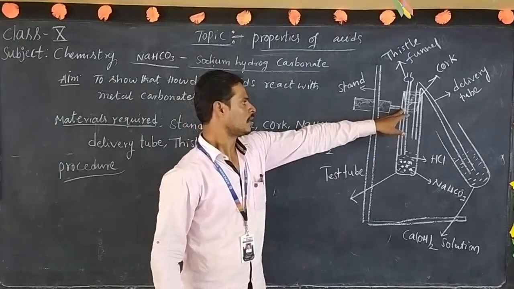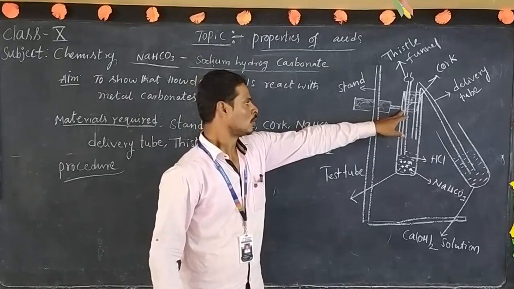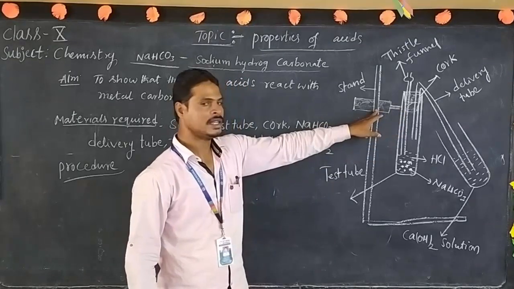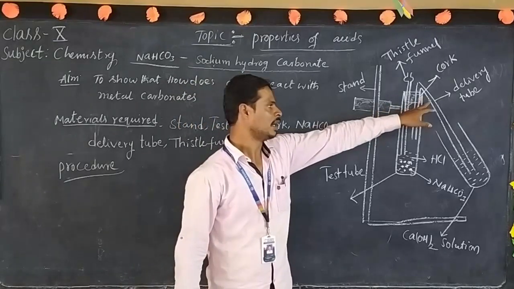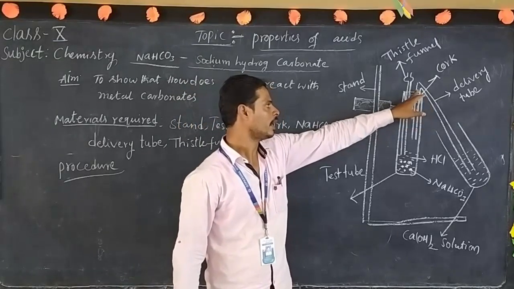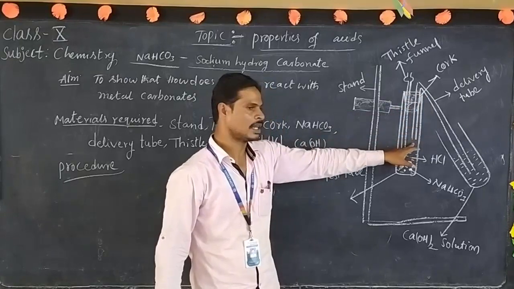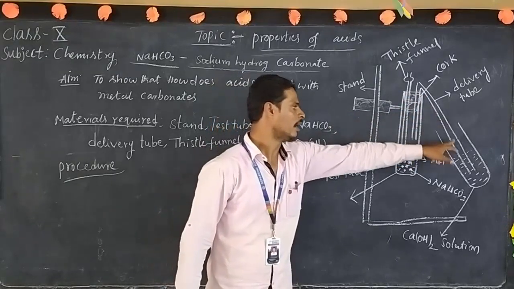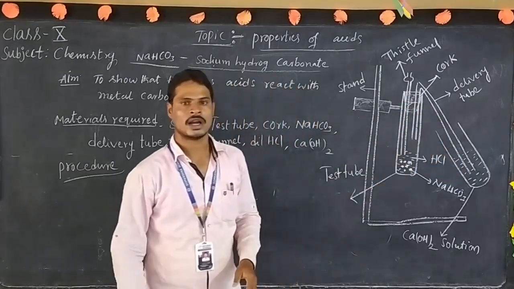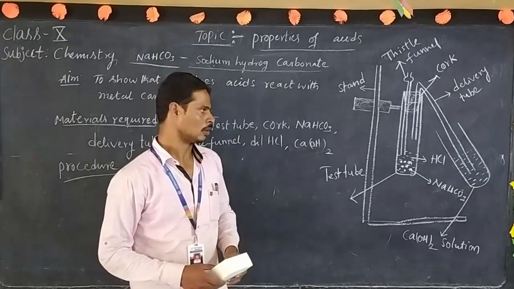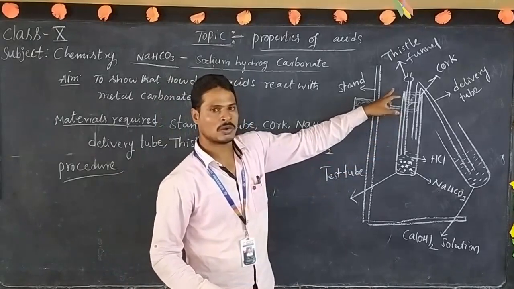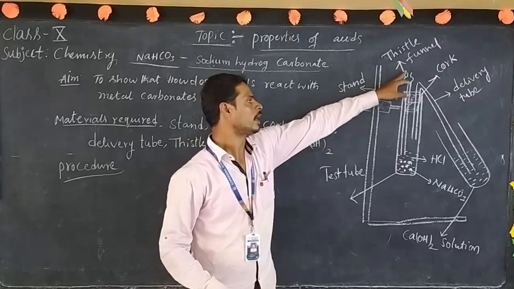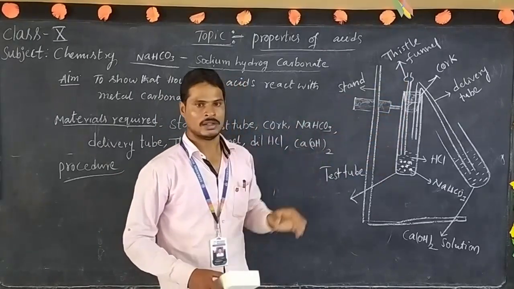Point number 4: the test tube is held with the help of the stand. Point number 5: take a delivery tube. One end of the delivery tube is kept inside the test tube, and the other end is kept inside the calcium hydroxide solution. Next, add dilute hydrochloric acid through a thistle funnel.